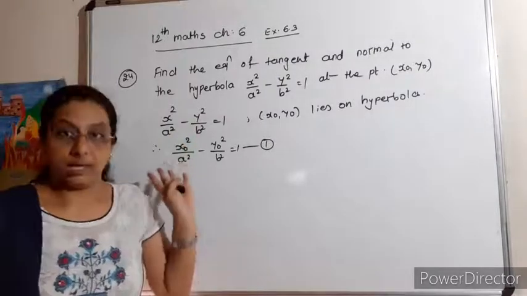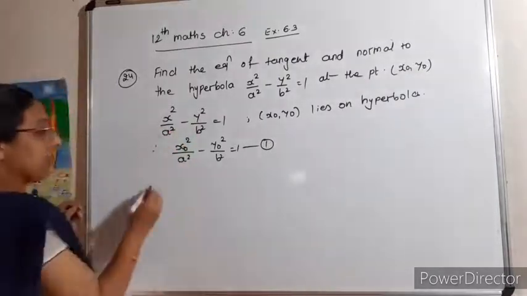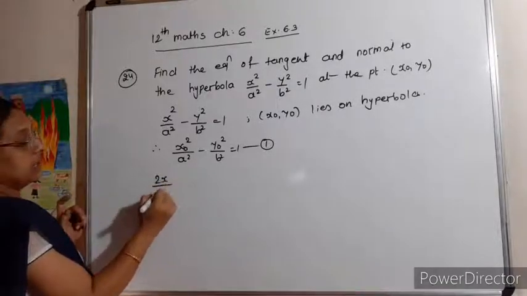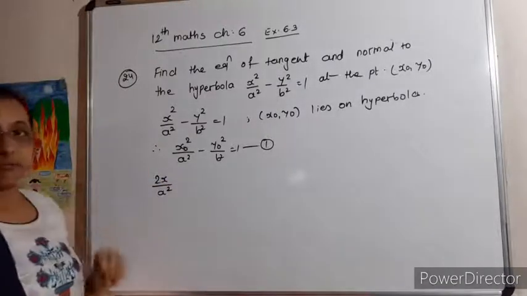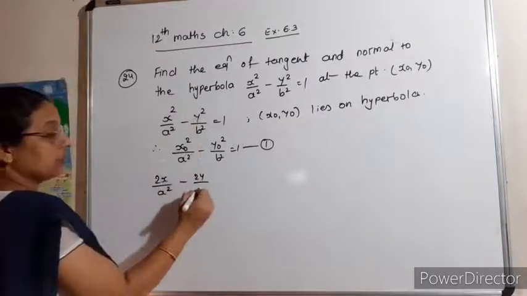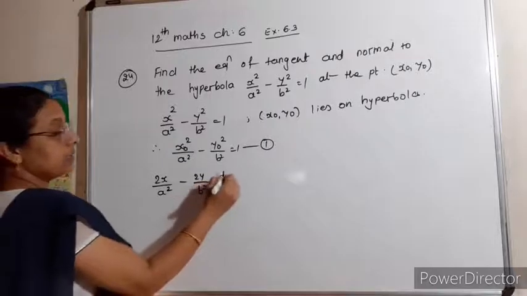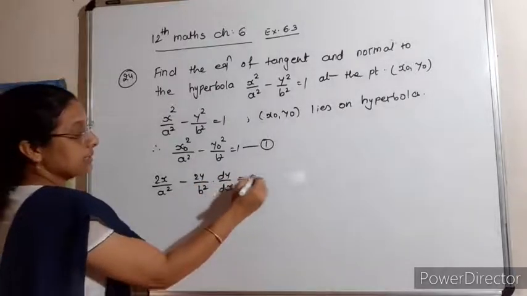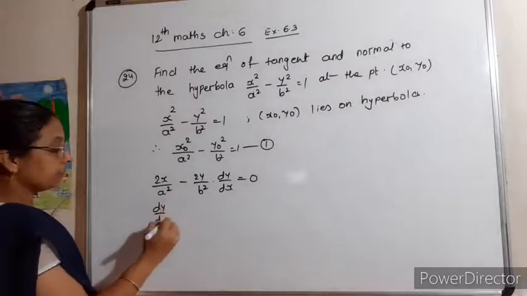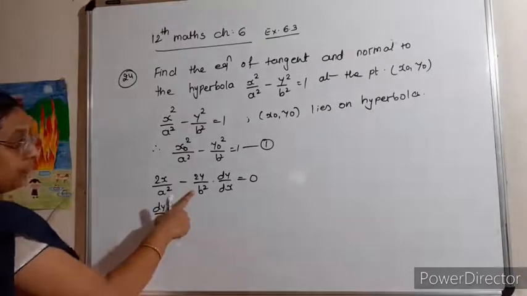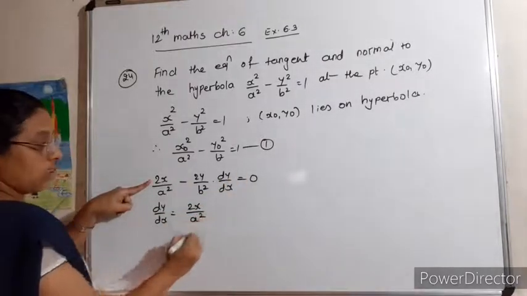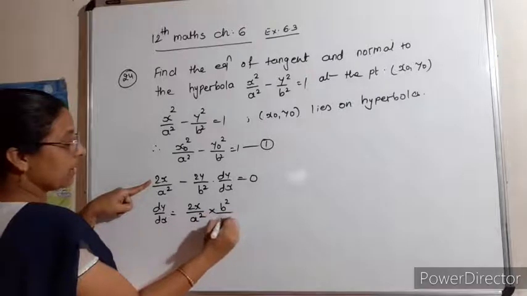This will come in use. Now we'll find this dy by dx. So 2x upon a square, derivative of this, minus derivative of y square, 2y, b square constant, dy by dx is equal to 0. So from that can you find this dy by dx? That is equal to, here it is minus, 2x by a square into b square by 2y.